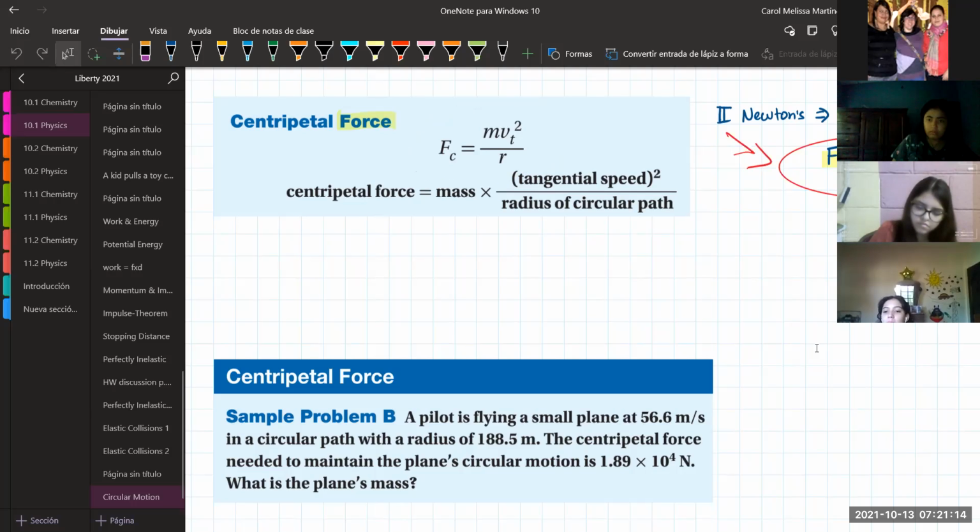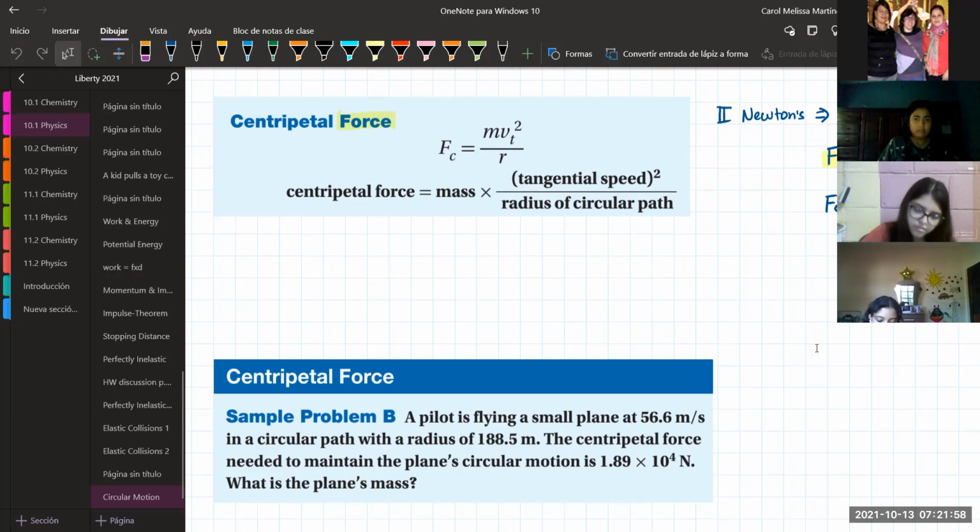But remember, I already gave you the formula for centripetal acceleration. I used it in the exercise above, okay? Centripetal acceleration, we have a definition for it. So I can make an arrangement of this formula. I can adapt it. And I can say, okay, centripetal force is equal then to the mass times centripetal acceleration, which according to the formula is tangential speed to the second power divided by the radius of the circular path.